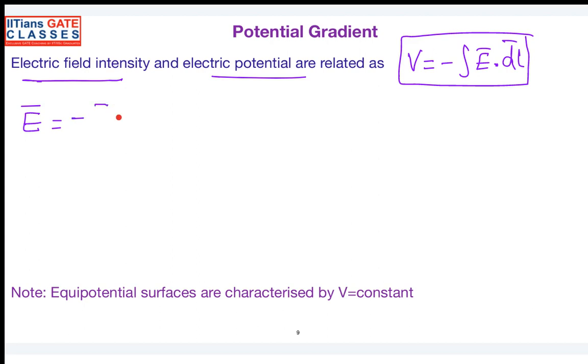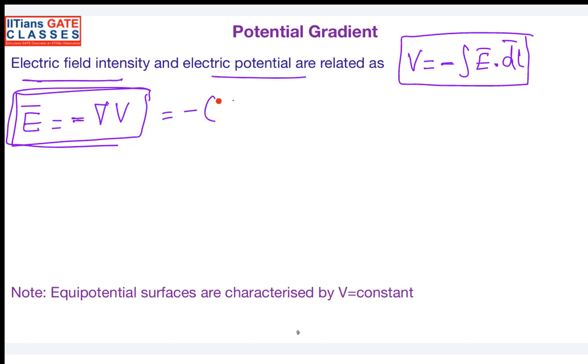If you want the electric field intensity, it is a rate of change, but you need to consider the rate of change in all directions. If it is x, y, z, you consider dou v by dou x, dou v by dou y, dou v by dou z. We already know that term: that rate of change is the gradient. Since there is a negative sign, I have put the negative here. So the electric field is the negative of the gradient of potential.